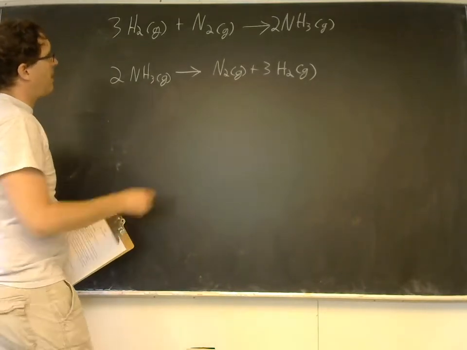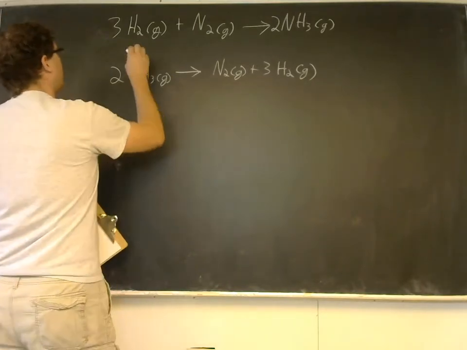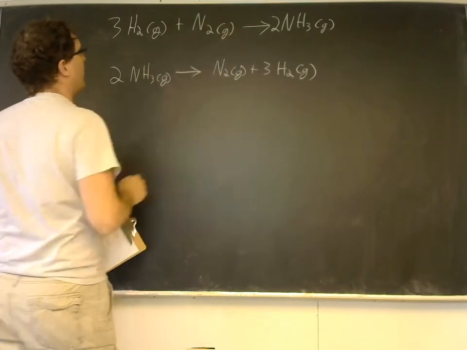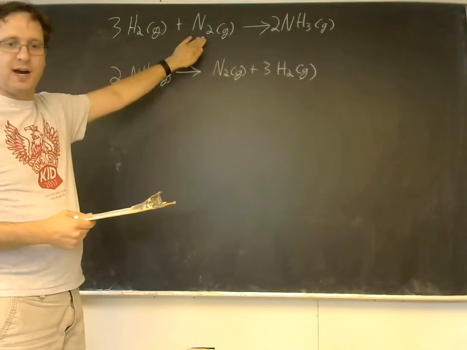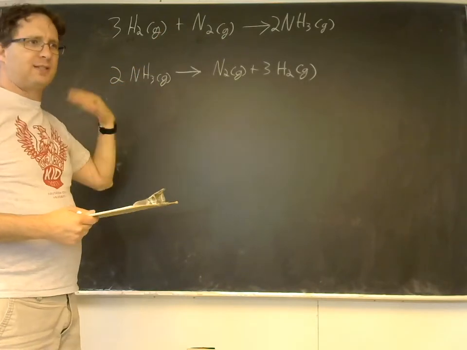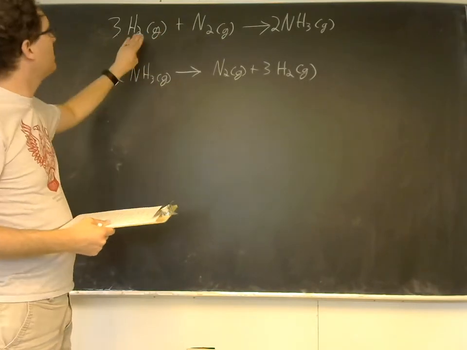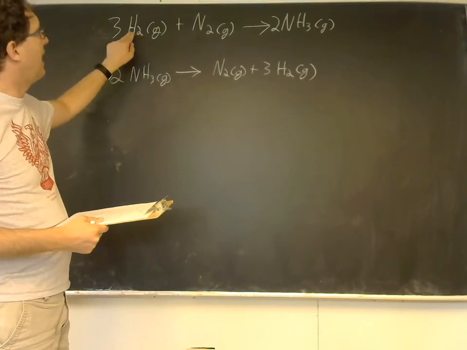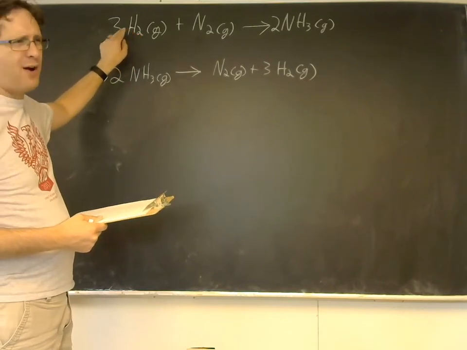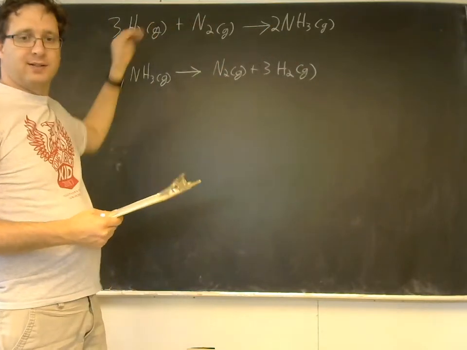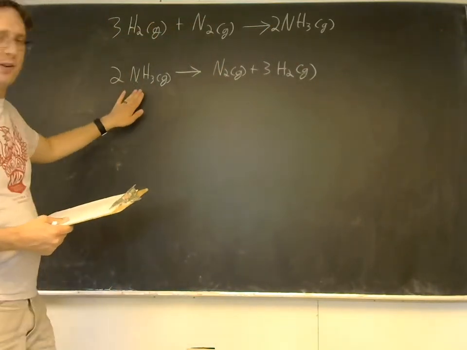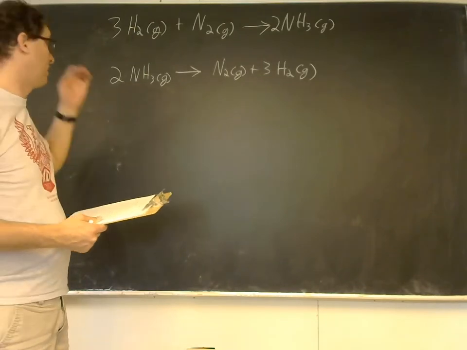What will happen is that the rate of this forward reaction will depend on the concentrations of hydrogen and nitrogen. And so as the reaction proceeds, the reaction rate will slow down as you get more product here and less reactant.